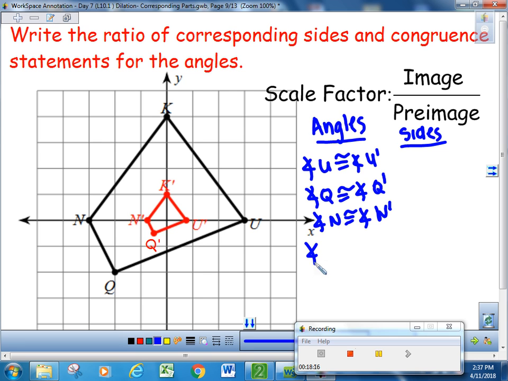Angle K is congruent to angle K prime. Side lengths, U prime Q prime over UQ. If you started with a different side length or a different angle, if you started with K instead of U, that's fine. They don't need to be in any specific order.